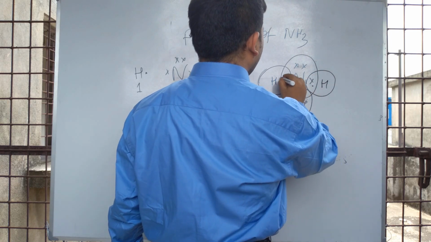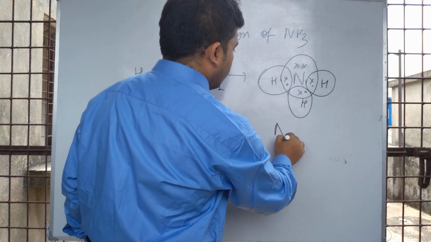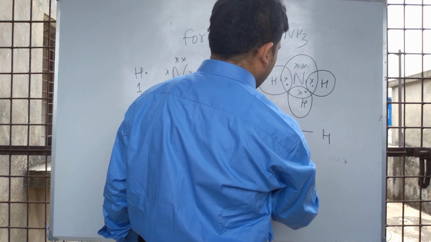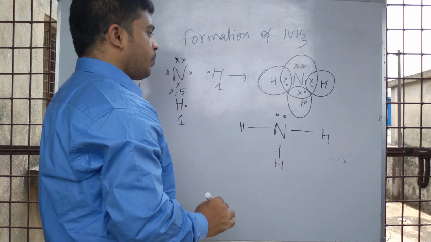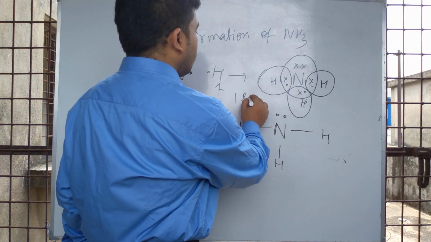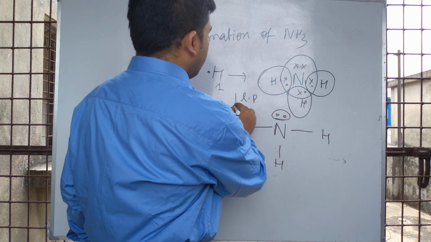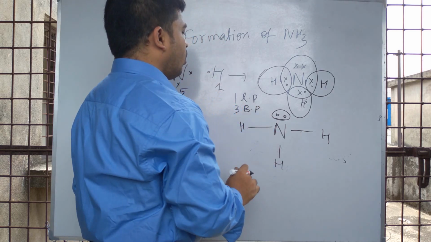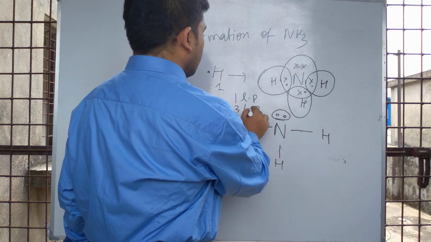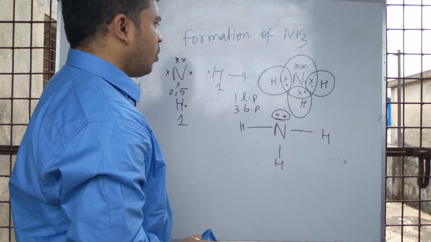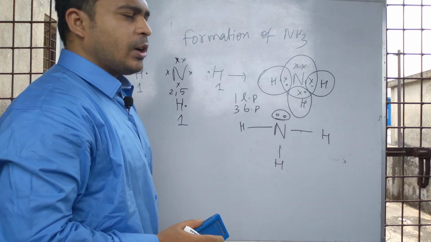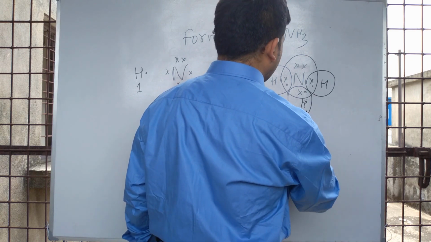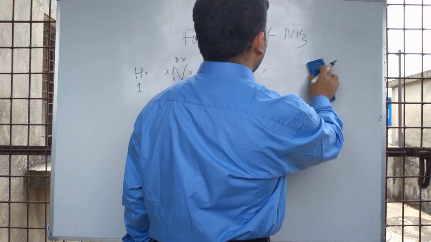This is the lone pair and these 3 pairs are called bond pairs. In the ammonia molecule, 1 LP, 1 lone pair, and 3 BP, 3 bond pairs are present. So this is the Lewis dot structure of the ammonia molecule.